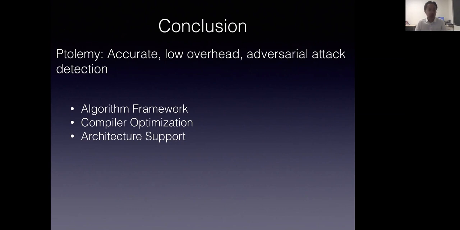Leveraging this insight, we propose an adversarial detection framework, which uses canonical paths generated from offline profiling to detect adversarial examples at runtime. We provide a high-level programming interface that allows programmers to explore the critical trade-off between detection accuracy and efficiency. The Ptolemy compiler, along with the co-designed hardware, enables efficient execution by exploiting the unique algorithmic characteristics.